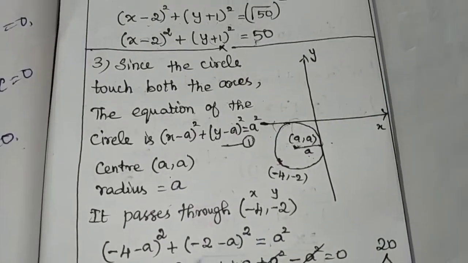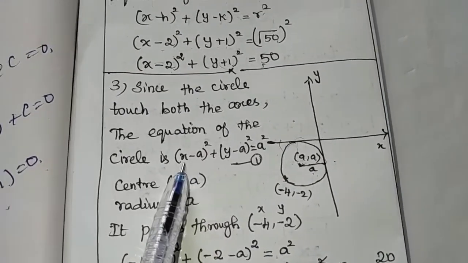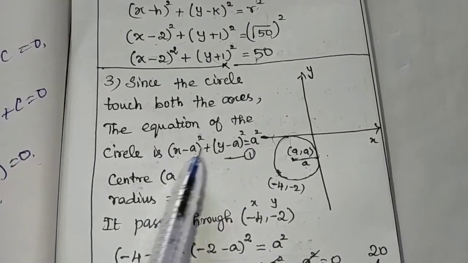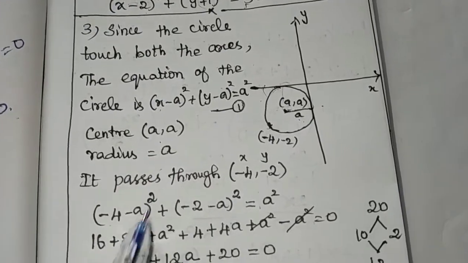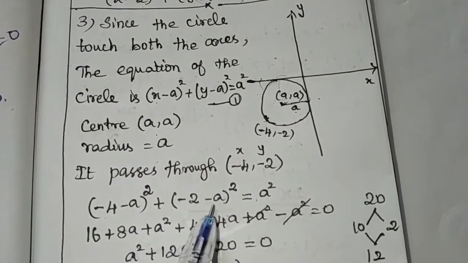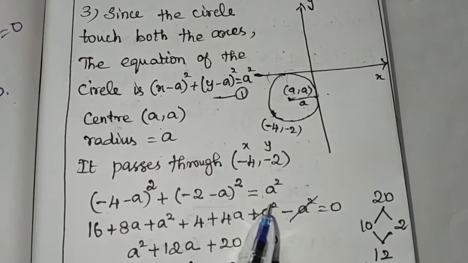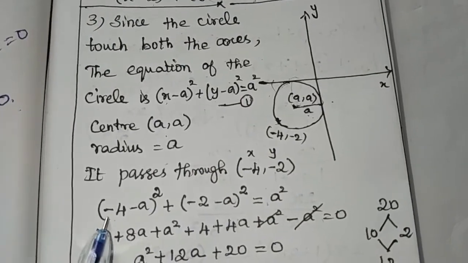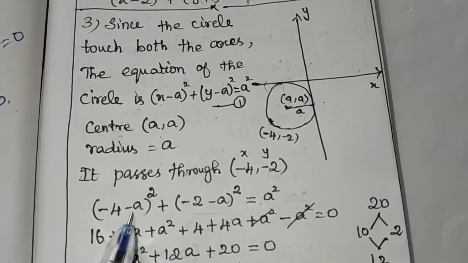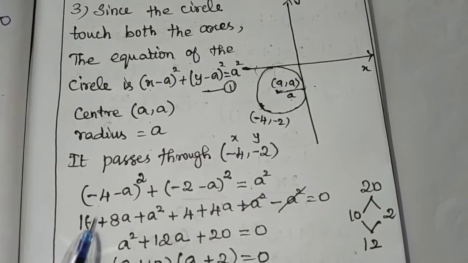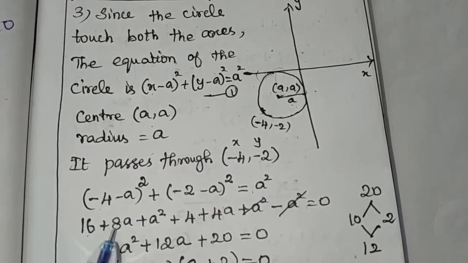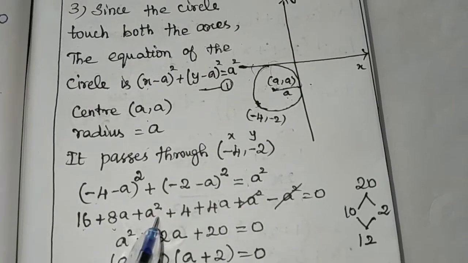Now in the circle equation, substitute x equal to minus 4, y equal to minus 2. (Minus 4 minus a) whole square plus (minus 2 minus a) whole square equal to a square. Now minus means plus formula, the (a plus b) formula, already you know. 4 square is 16, 2 into 4 into a is 8a, plus a square.